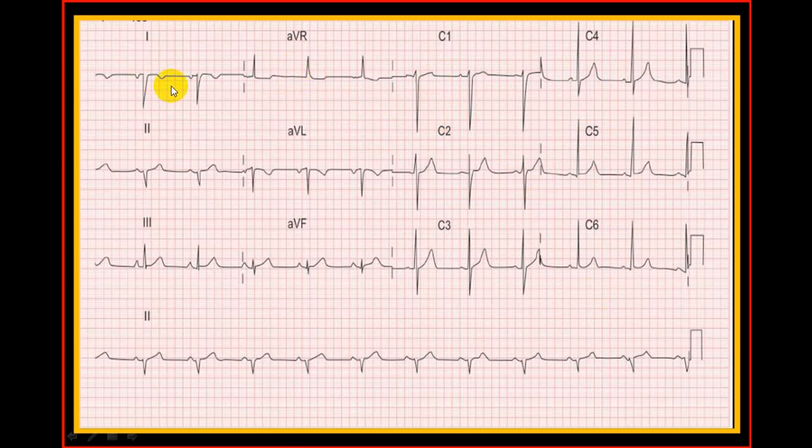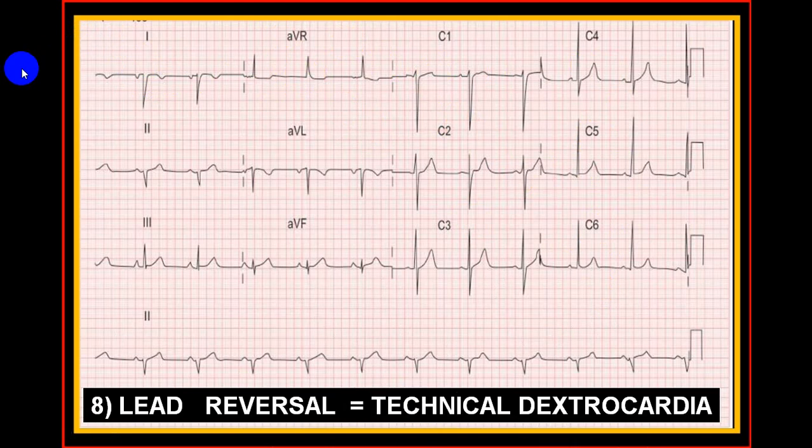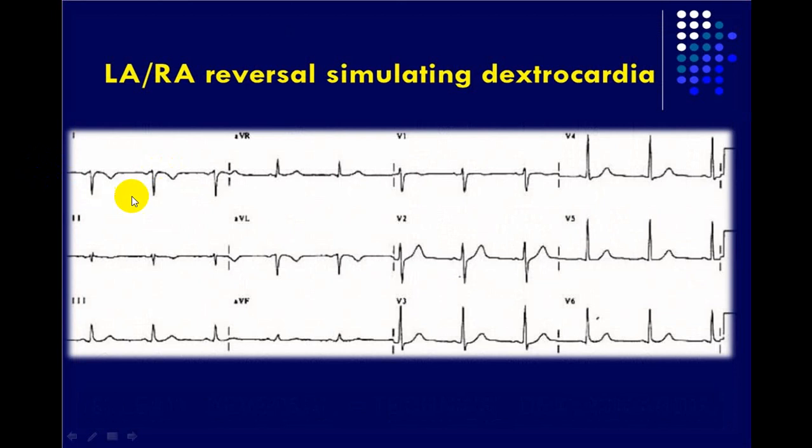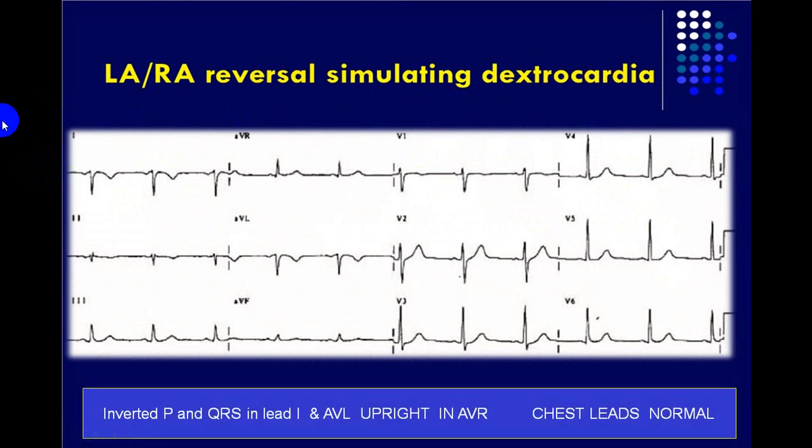So if it is opposite, the person by mistake has the right arm and left arm leads interchanged. Do keep it in mind. This is a lead reversal, or we call it technical dextrocardia. So again you can see here, this is a gradual increase, this is lead reversal, we call it technical dextrocardia, or you can call it pseudodextrocardia. You can use that word.